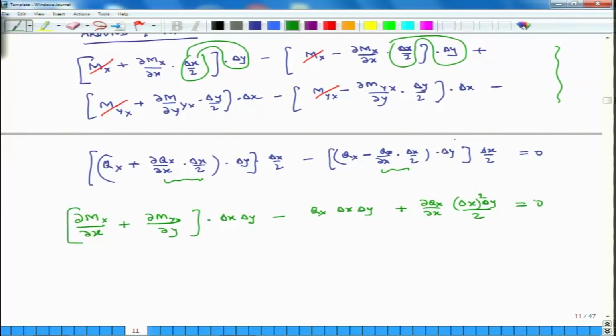So, this comes to be 0. Now you can cancel out delta x delta y, and this goes away and this 2 also goes away. The only thing you are left with is delta x, and if I make the size of my element extremely small, say 1 nanometer, then this can be dropped.